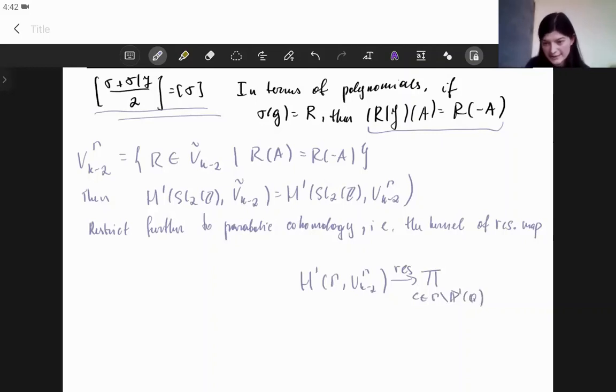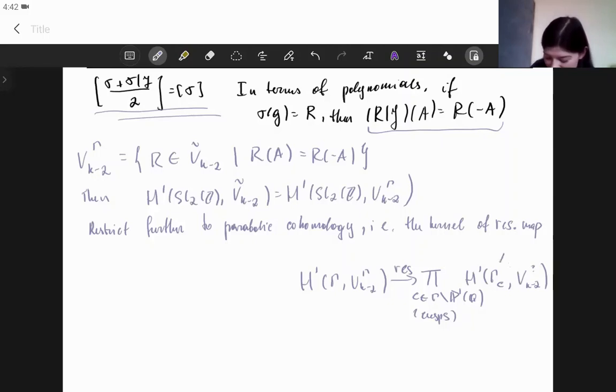Okay, so equivalence classes of cusps of H1, and then I write gamma_C for the stabilizer of the cusp with coefficients in V_{k-2}. And I'm actually not sure if this should be a gamma or not, so I'm going to put a question mark.